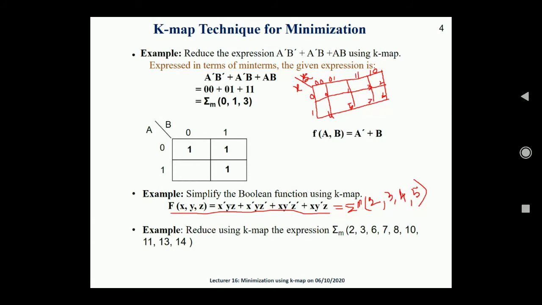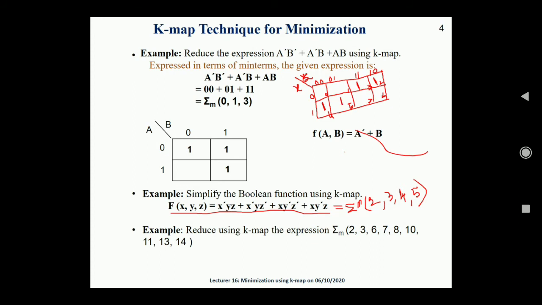Now we assign 1 to the cells whose min terms are present: 2, 3, 4, and 5.